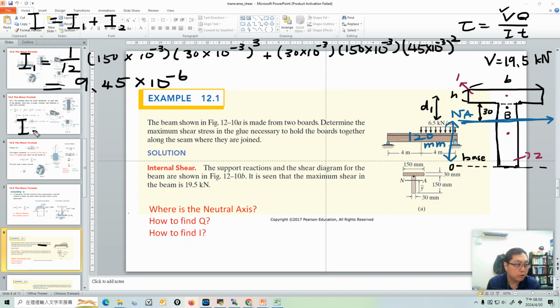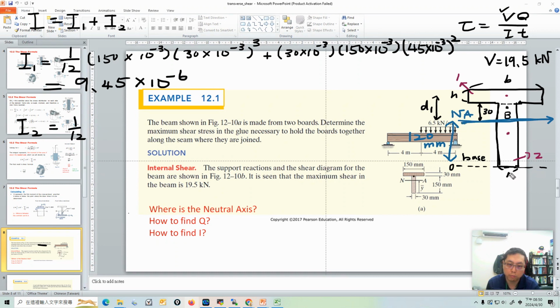So what's the moment of inertia of area 2? Area 2 is here. Once again, the neutral axis is not passing through the centroid of area 2, so we have to use the parallel axis theorem. But at the beginning, we have to use the formula to calculate the moment of inertia of area 2 rotating around its centroidal axis. So it's 1/12 bh cubed, because right now the neutral axis is horizontal.